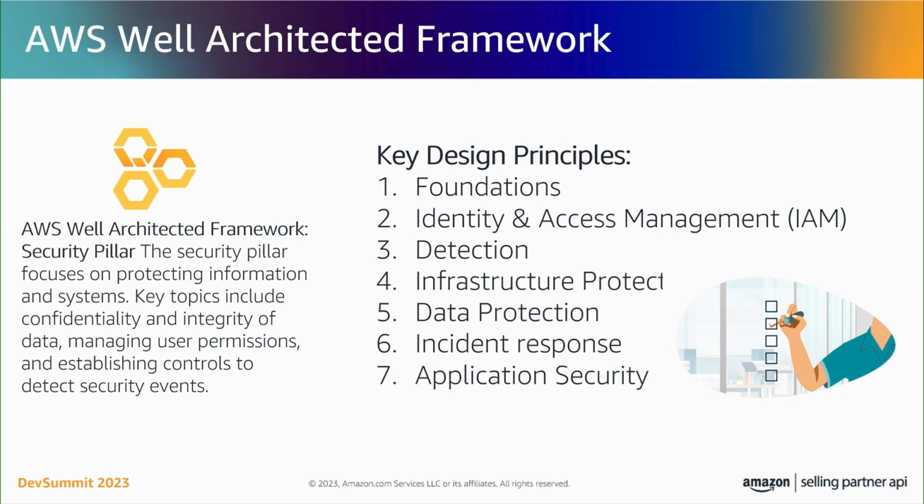But you can see 7 key design principles here, ranging all the way from the foundational aspects all the way down to application security, which is more recently added, actually. We'll go over these as well as the best practices around it, some examples, as well as talk to you about how Guard can help you with strengthening these pillars as well.